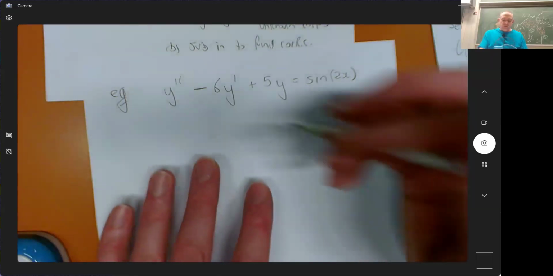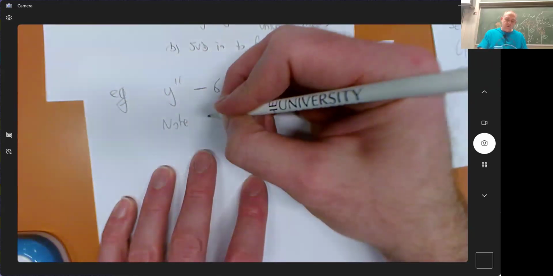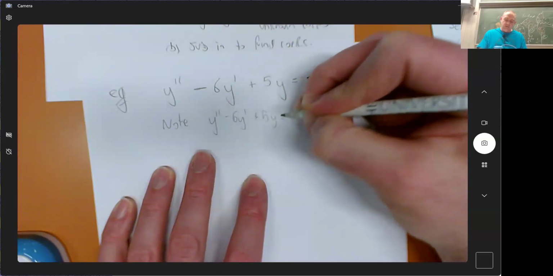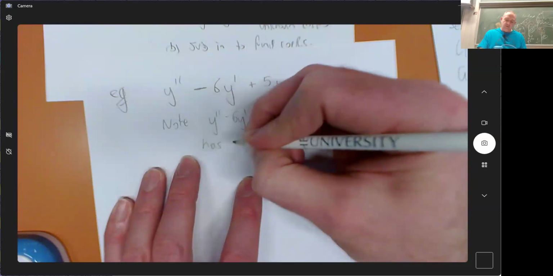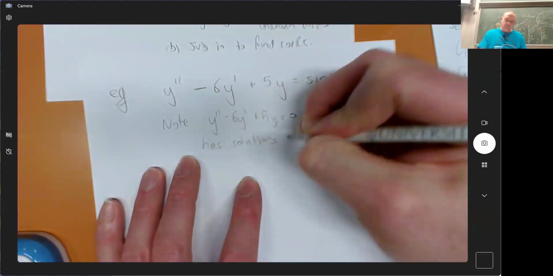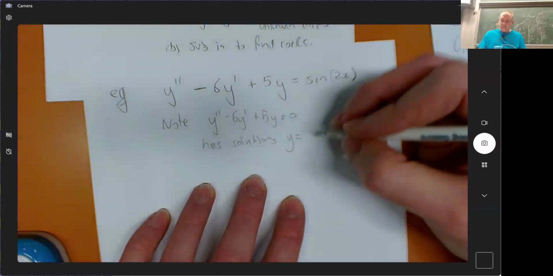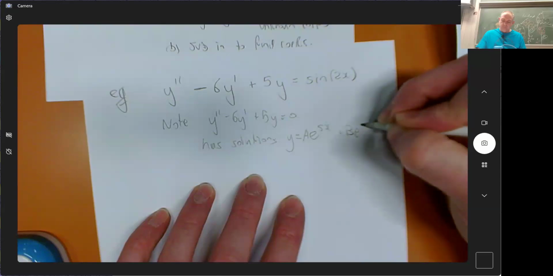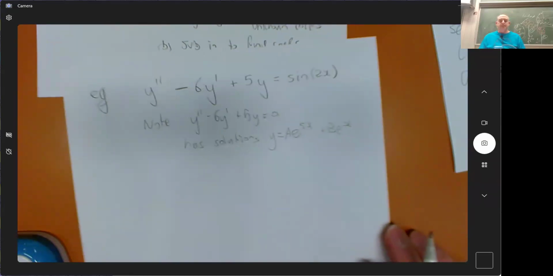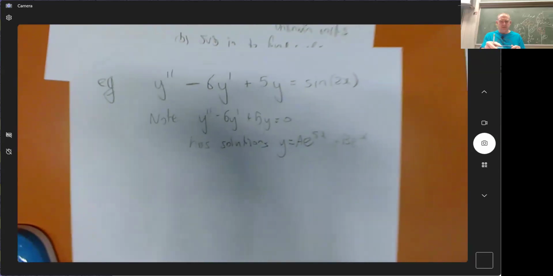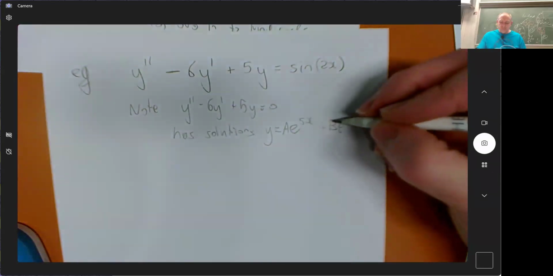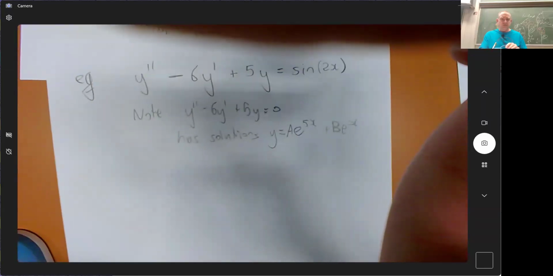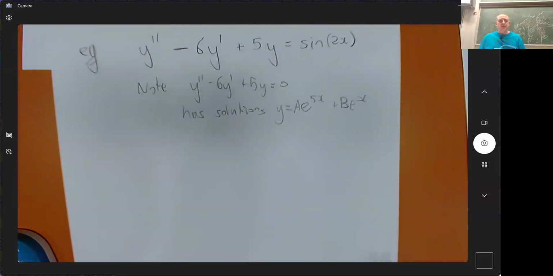So we want to find, and I'm just going to say note, y double dash minus 6y dash plus 5y equals 0 as solutions.